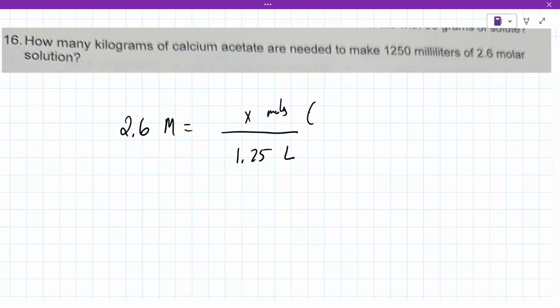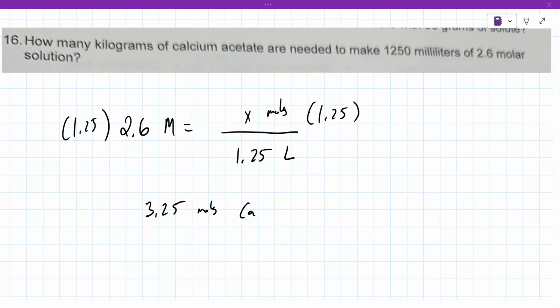So you're multiplying both sides by 1.25, so to get bigger, the number of moles. So 3.25. That sounds better. 3.25 moles of calcium acetate.